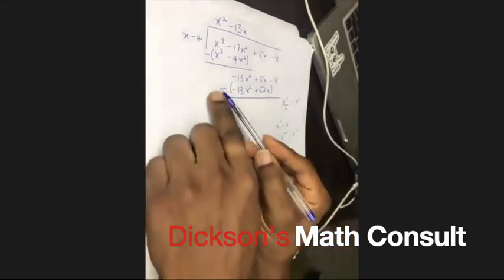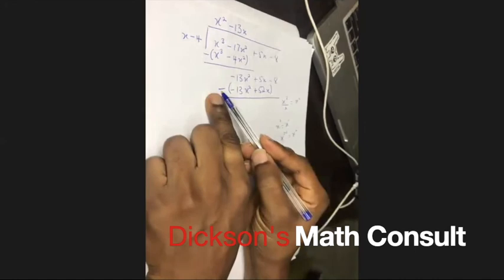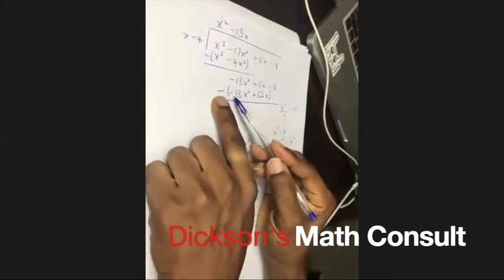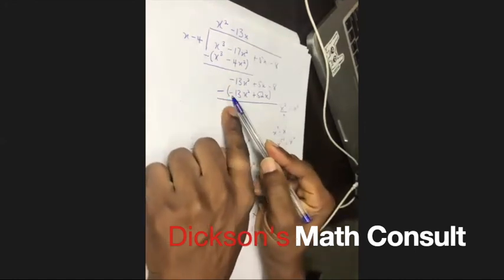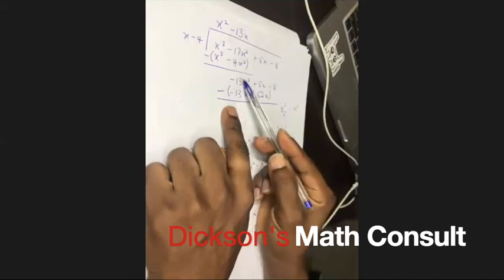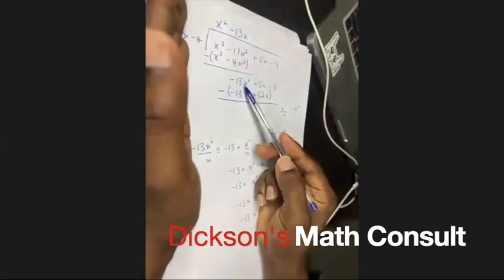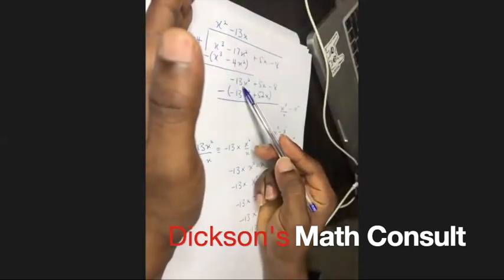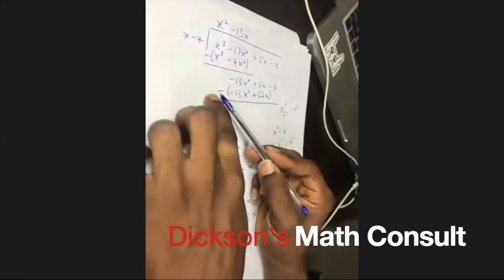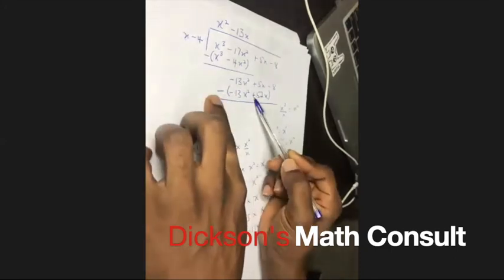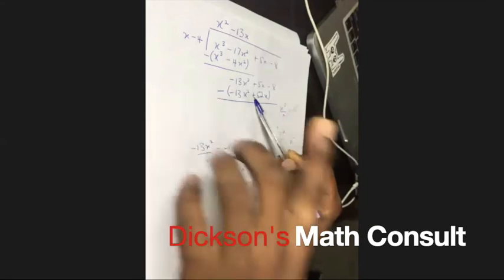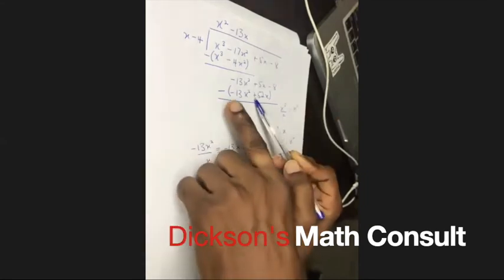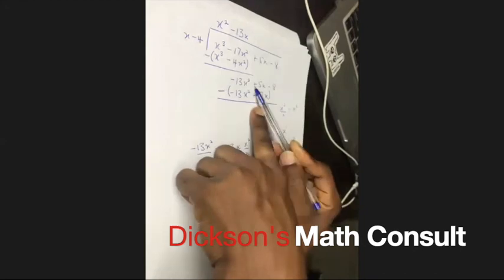Now that is negative. That is also negative. So again will give you what? Positive. Good. So you realize that all this one will go to 0. Now negative times positive is negative. So what do you think the value is going to be? Negative 52 plus 5.